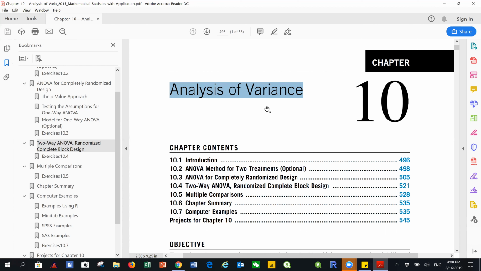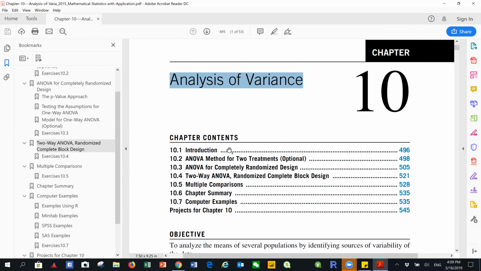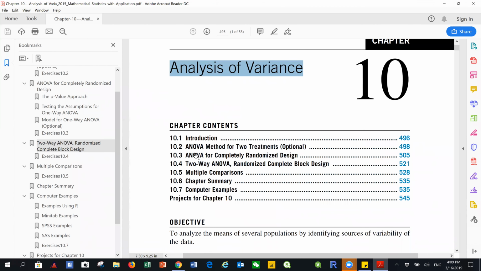But as soon as we hear ANOVA, we should immediately think that it's about comparing multiple means from different populations. With that, we can move on to see the details in these sections.